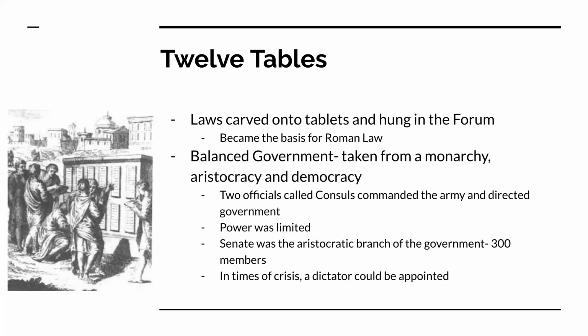And so if you have one person who's making those decisions, it becomes much easier. And so you don't have to worry about those things as much. So in a time of crisis, like war, for instance, a dictator can be appointed, and then he would only have the power for 6 months.